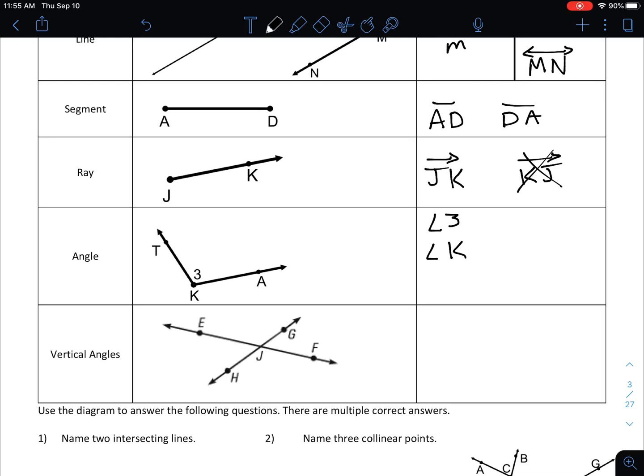So we could name this angle K. Probably the most unambiguous way, or the way that's going to be least confusing for most people, is to name it in an order such as angle TKA or as angle AKT. So notice that K is in the middle of both of those. Those are the same angle.